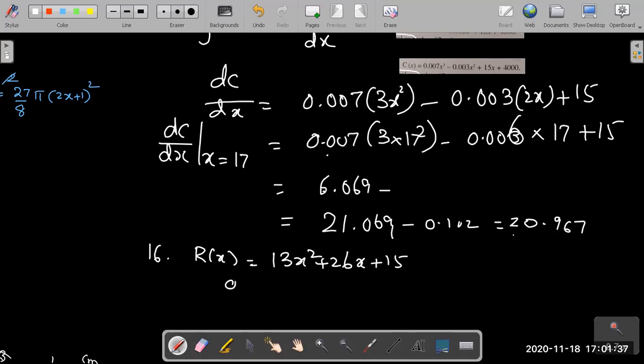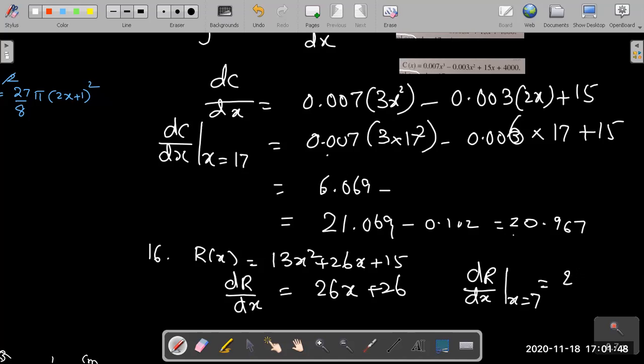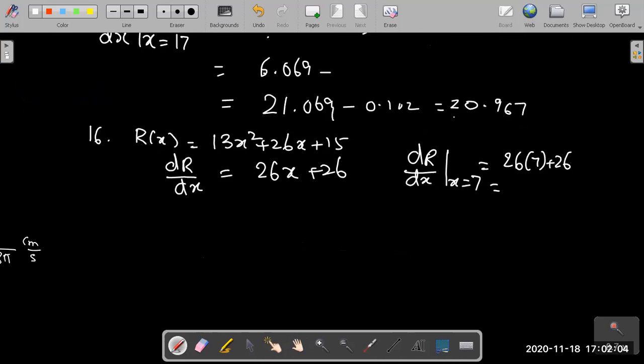Differentiating this, I get dr by dx equal to 26x plus 26. So dr by dx at x equal to 7 equals 26 into 7 plus 26. 26 sevens are 182, plus 26, that's 208.